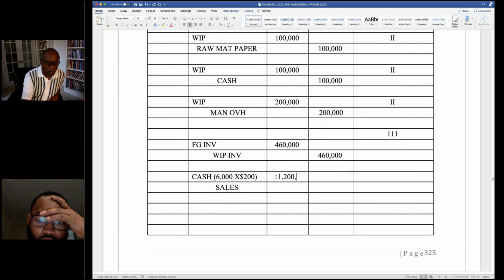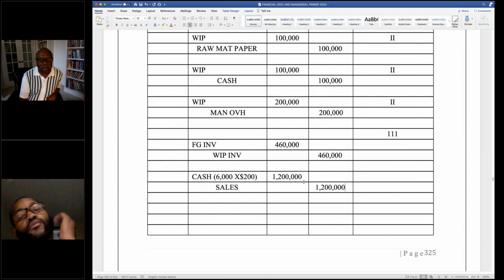Can you tell us what we would do if we had a beginning inventory? Yes, because I had one on my problem. It would not affect this journal entry.